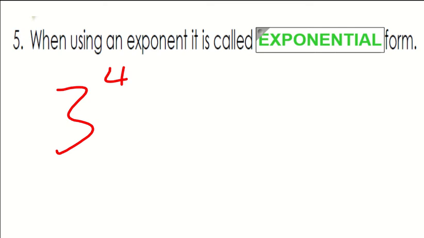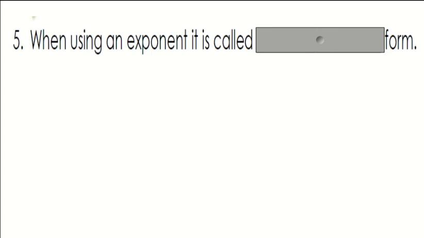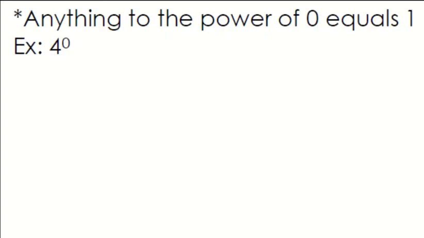Any questions on this so far? You just got to know what the two forms are. Some problems will say, here's the exponent, what is it in expanded form? Or it could go the other way and give you the expanded form and ask you for the exponent.